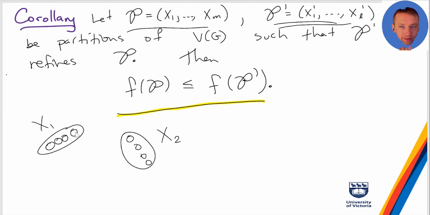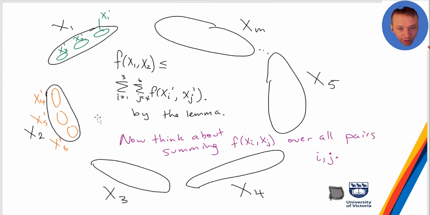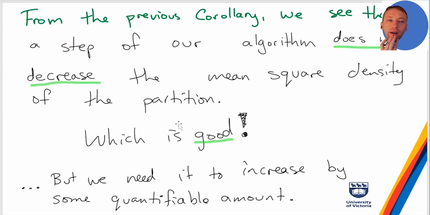Suppose I refined each of these into 4 sets, with 16 different values, which is picking one set here and one set here. What we've proven is that F of X1, X2 is at most the sum of those 16 values. So if you think of what gets replaced with what when you do the refinement in the definition of F, I think it's clear that this lemma is good enough to prove this.